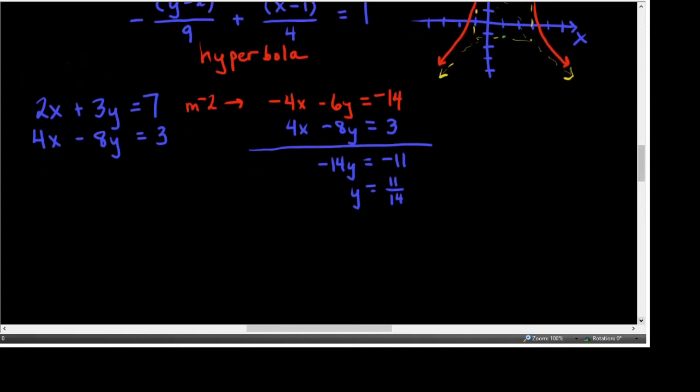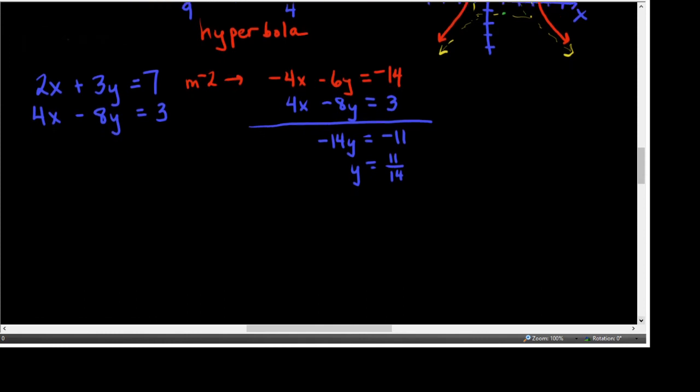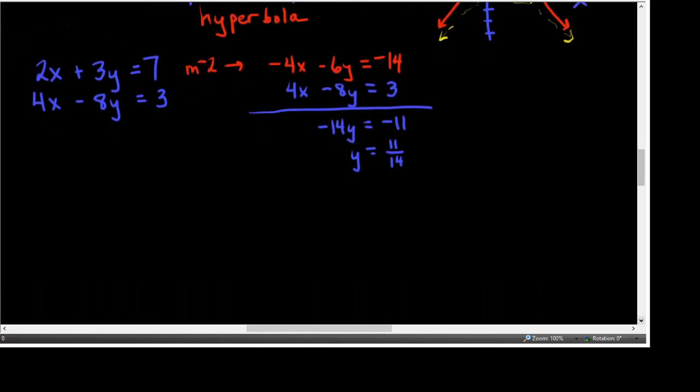You're probably thankful with that fraction in there. But the point of intersection would be something, 11/14. That's what it would be, whatever that actually ends up equaling. And so our solution set is going to consist of all ordered pairs where those two graphs coincide.